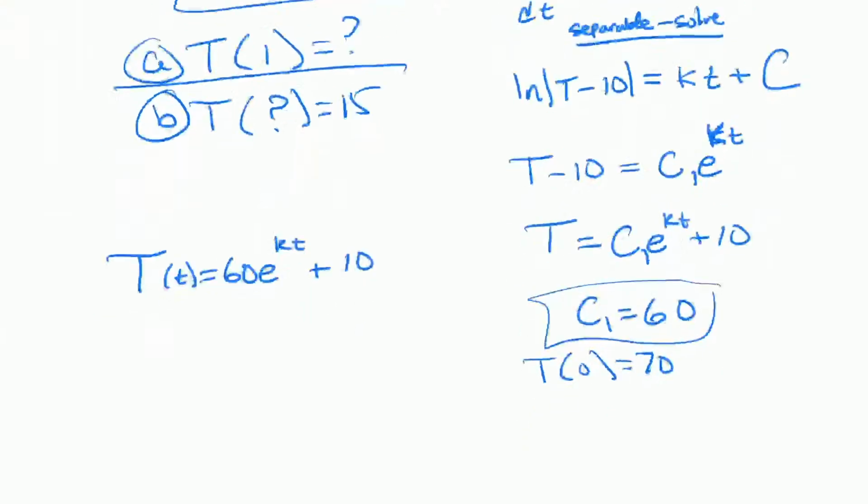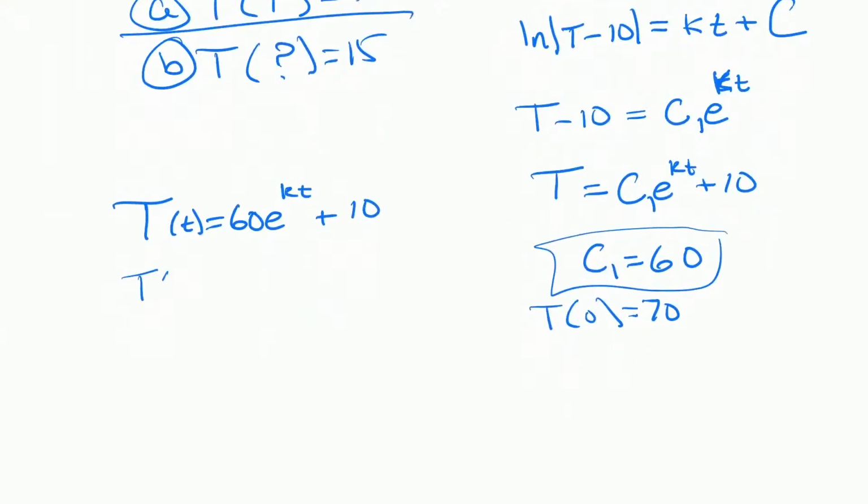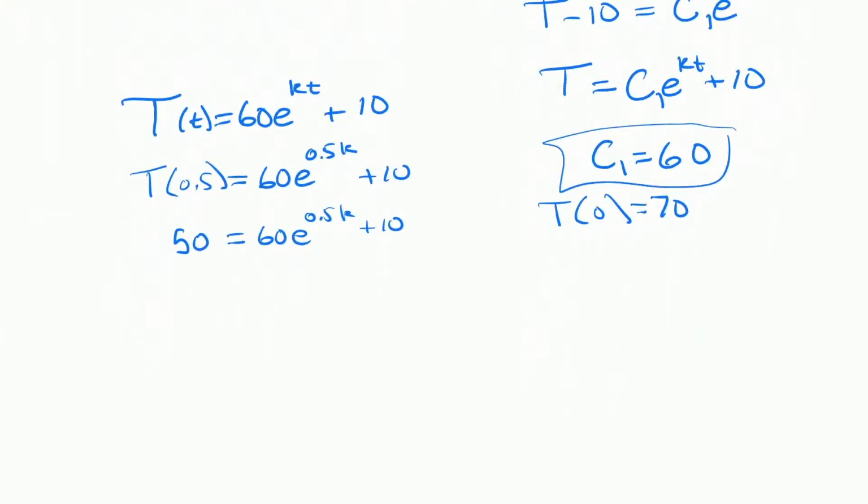Okay, so next we're going to deal with this thing right here. It says that after half a minute, so T of 0.5 is equal to 60 e to the 0.5k plus 10. So that means 50 is equal to 60 e to the 0.5k plus 10. So this is going to be 2/3 is e to the 0.5k.